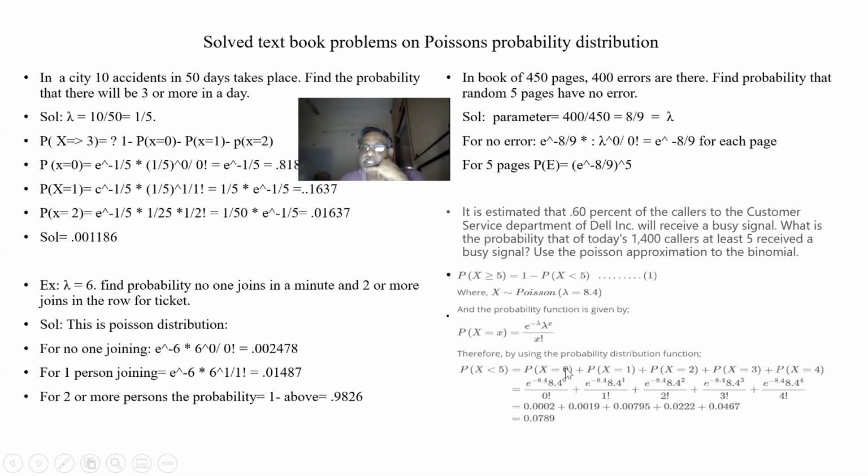So 1 minus P(X=0), P(X=1), P(X=2), P(X=3), P(X=4). So P(X=0) is e to the power of minus lambda. What is lambda? Lambda here is 0.6%.